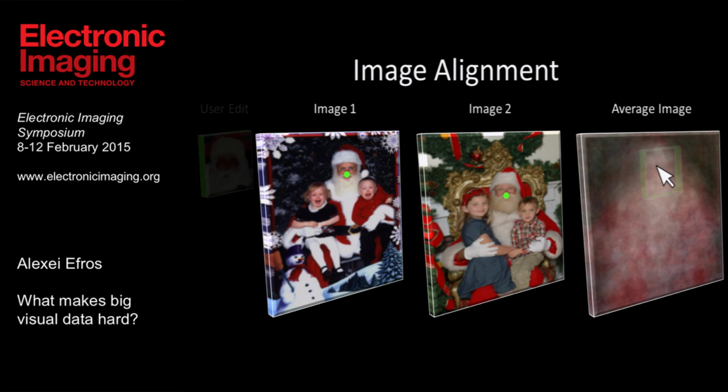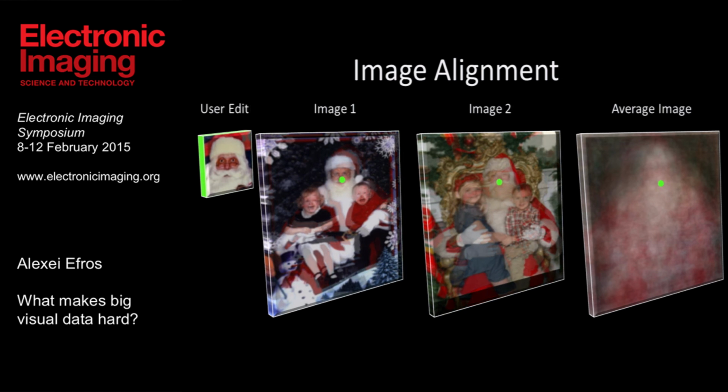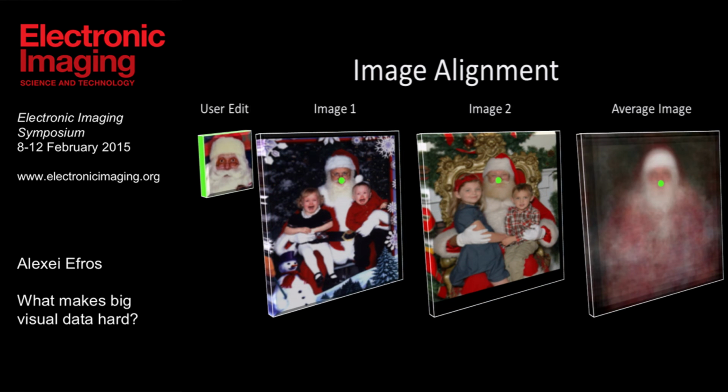We also allowed the images to self-align automatically, so that when you click on something you get a bit of alignment where we automatically find where similar things happen, and hope to align those images, and then the average becomes better.